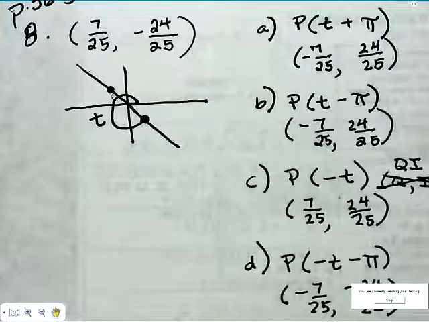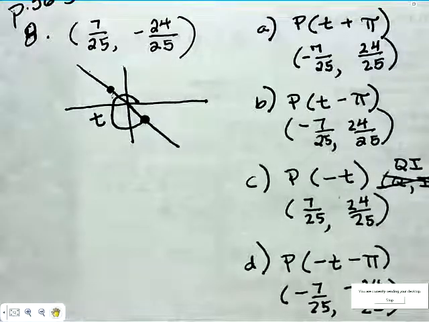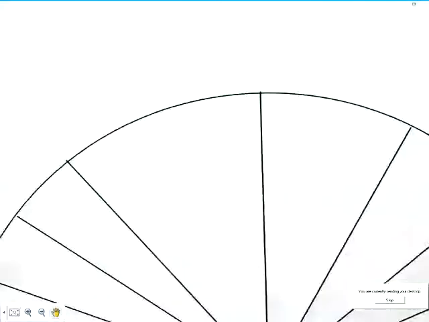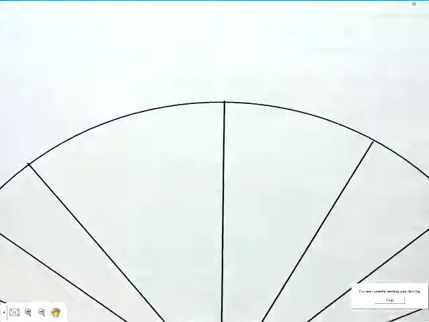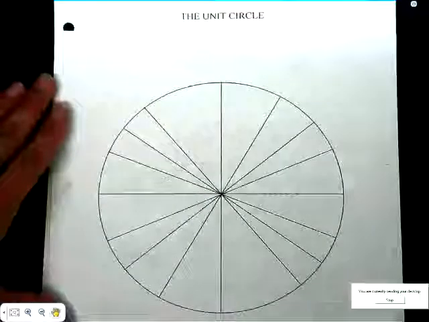All right, let's talk about the unit circle. We've been leading up to this ever since fall break. I think in your 5.3 notes, you have this big copy of the unit circle and a small one.